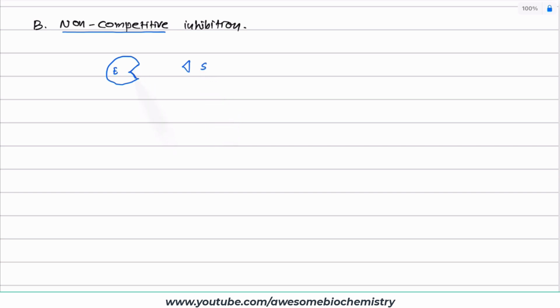Remember, this cleft is the active site, right? Now in case of non-competitive inhibition, what happens? The inhibitor molecule is not a structural analog of the substrate. So let's represent the inhibitor molecule by this. What happens? The substrate naturally binds at the active site. But here, in case of non-competitive inhibition, the inhibitor molecule binds at a site other than the active site.